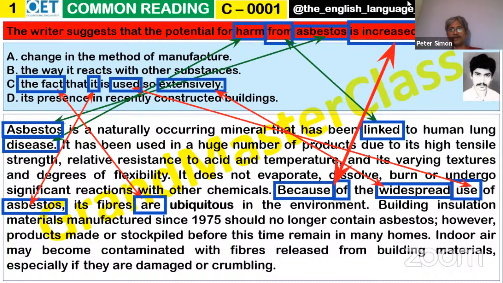Now, whatever answer you have written, type it and submit when I tell you to submit. Okay, 5, 4, 3, 2, 1, submit. Whatever answer you have written there, submit here.